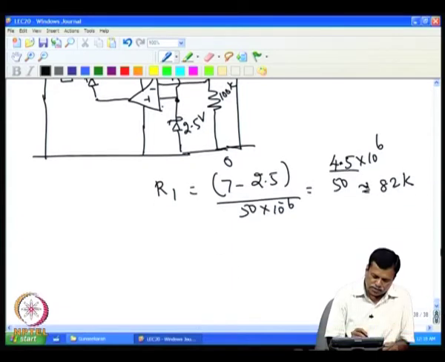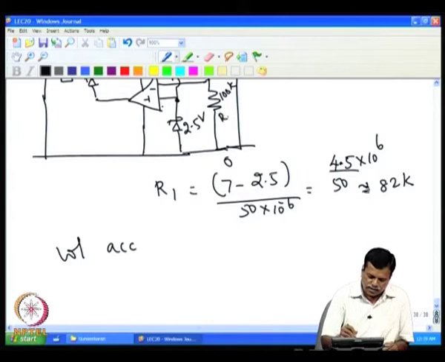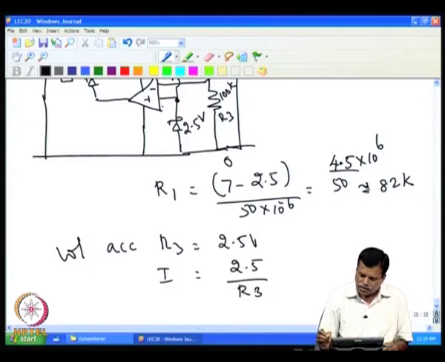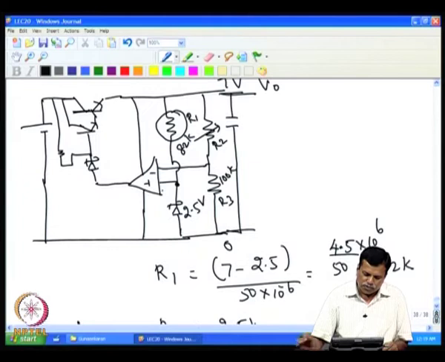The voltage across, say, R3 is 2.5 volt. So the current comes to 2.5 by R3, and the same current flows through R2. So the voltage across this is I into R2 plus this voltage.